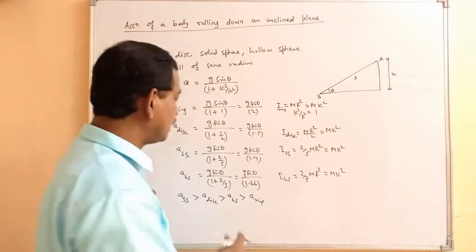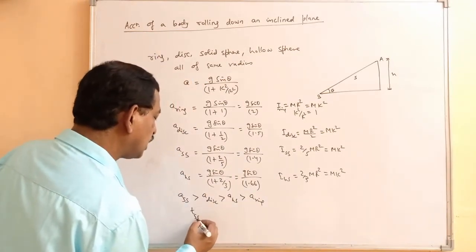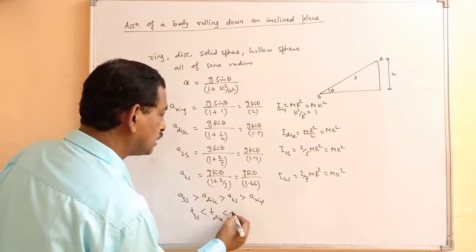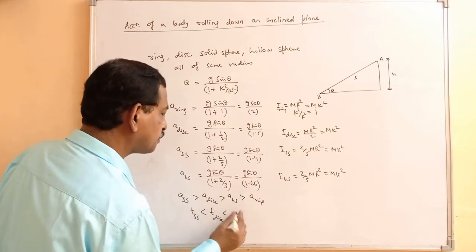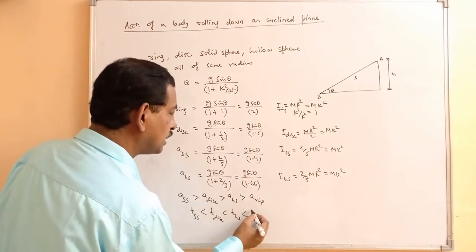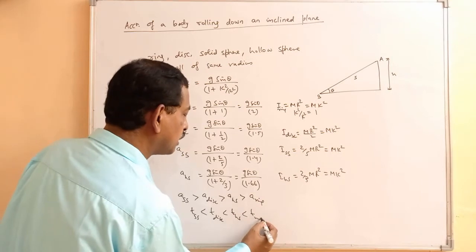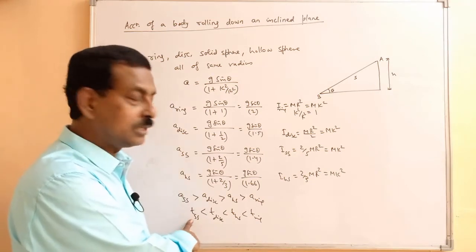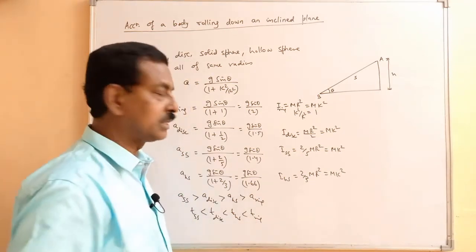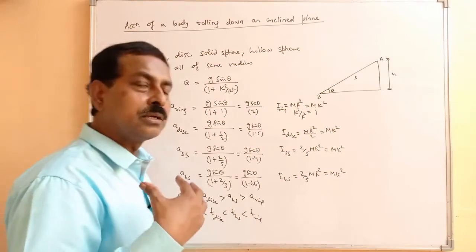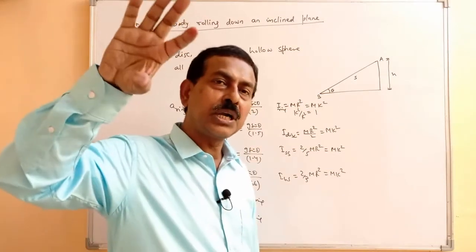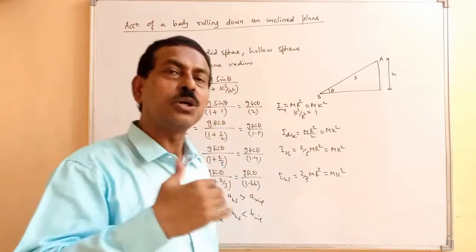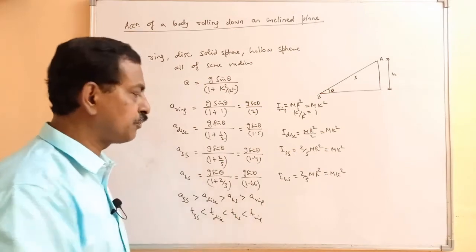If you apply the half a t square formula, the time taken for the solid sphere is least, then for the disc, then for the hollow sphere, and it is maximum for the ring. So the solid sphere will reach earliest, and the latest one will be the ring. Or the question may be: if they have all been rolled down simultaneously from one point, in what order will they reach? You can tell in this form also.